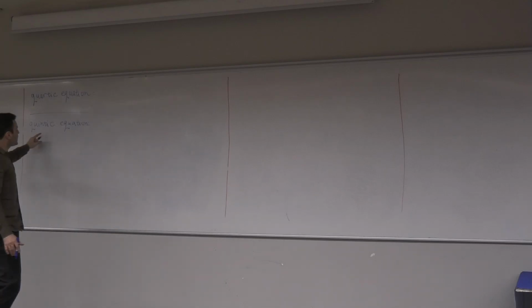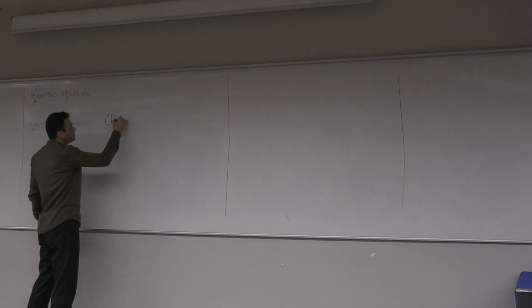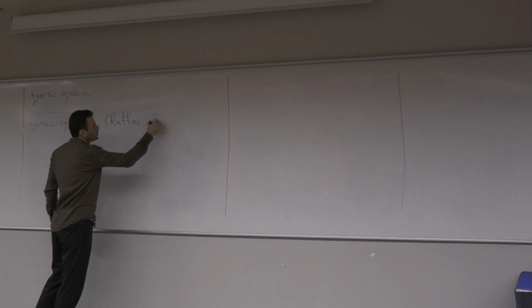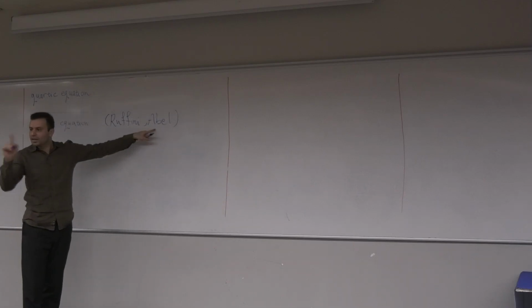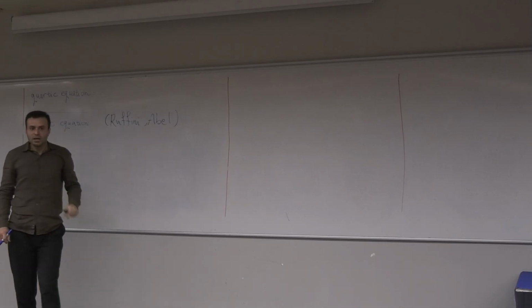Okay, radicals. The thing is, can we find for any polynomial equation a solution in terms of radicals? For the 5th degree equation, Ruffini and Abel. This is the same guy that we have been talking about, Abelian groups and so on. It's the same mathematician. They have shown that for a quintic equation, unfortunately, we cannot write any radical that gives us the solutions of these equations.